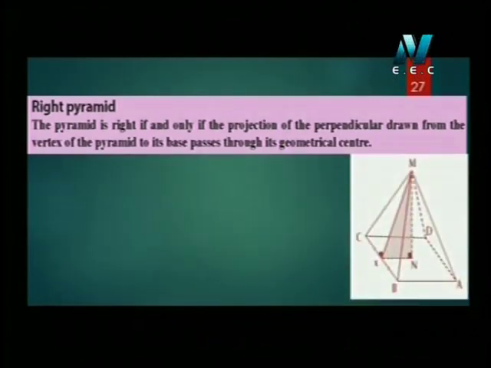This pyramid MABCD is a right pyramid. Why? Because here MN is perpendicular to the base, which is ABCD, and the geometric center here is the center of square ABCD, which is the point of intersection of the diagonals. We have diagonals AC and DB, and N is the intersection point of them.